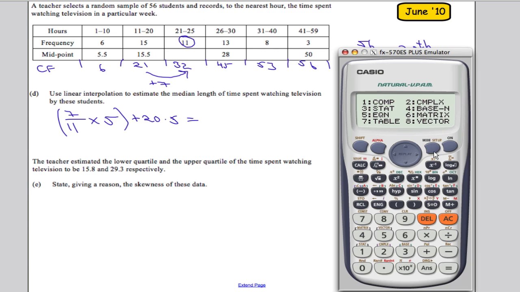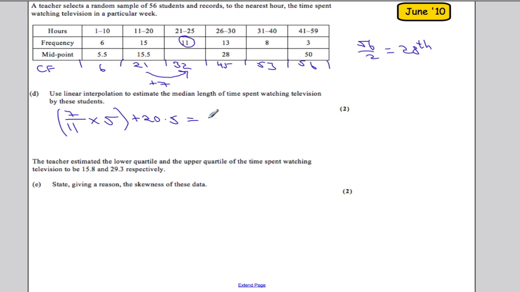Let's turn this back into regular mode. 7 out of 11 multiplied by 5 plus 20.5 gives us 23.68. 23.7 to 3 significant figures.